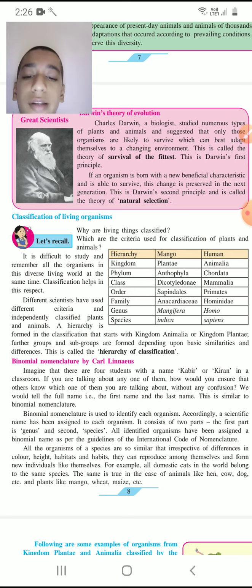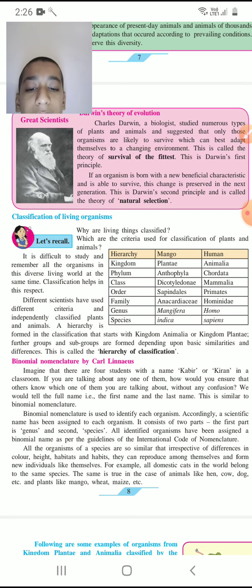All the organisms of a species are so similar that, irrespective of differences in color, height, habitats and habits, they can reproduce among themselves and form new individuals like themselves. For example, all domestic cats in the world belong to the same species.